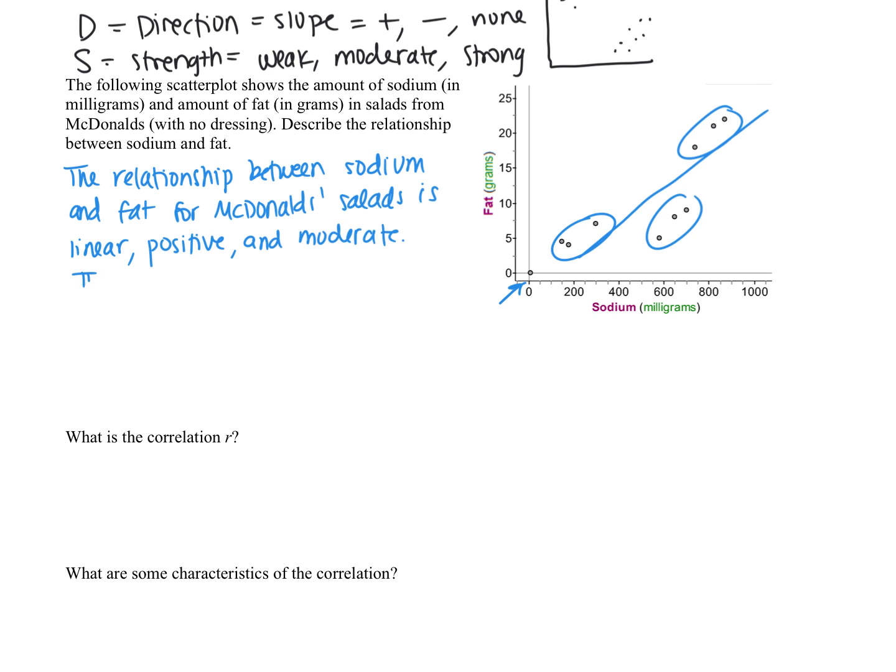So we're going to say there are 3 clusters around 200, 600, and 800 milligrams of sodium. I just approximated the X value, and I didn't even do a very good job, but approximated the X value for where those clusters are. That's it. That's the whole description. All you have to do.